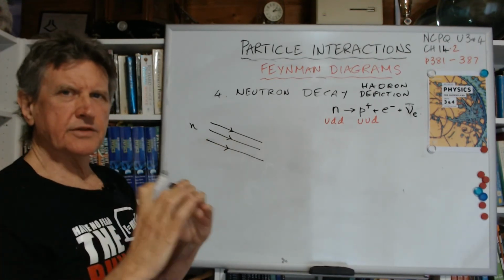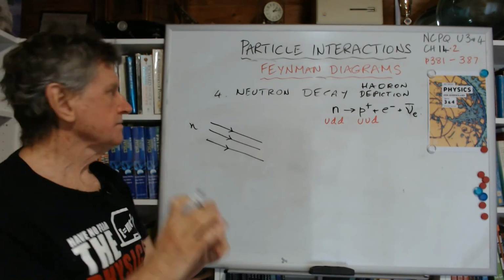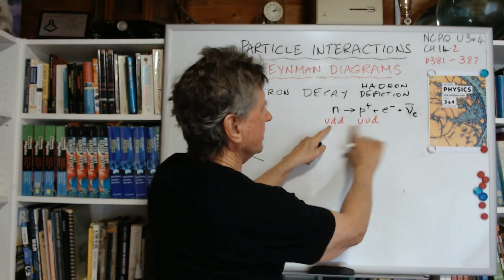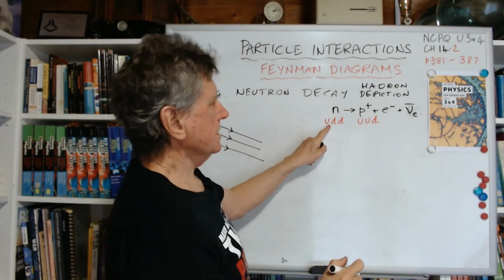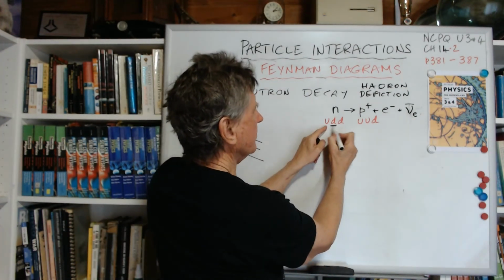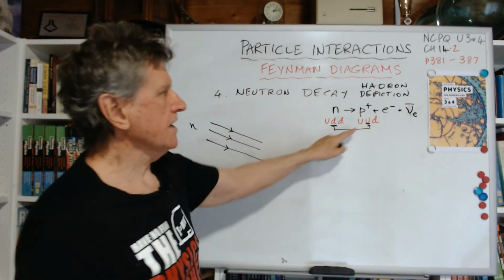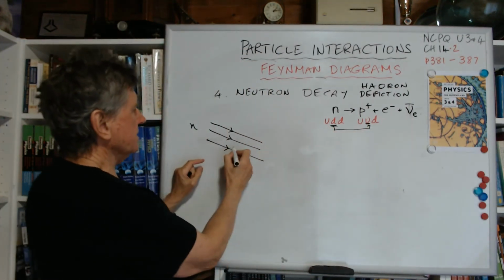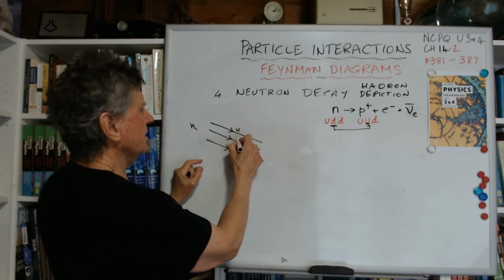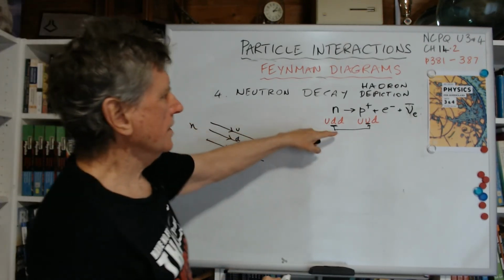Now what you'll notice is that one of these down quarks is turning into an up quark. So can you imagine that one there is turning into an up. So you've got a down turning into an up. Okay, so the neutron is up, down, down, and one of the down quarks, let's say the bottom one, just to keep it neat, is going to turn into an up quark.